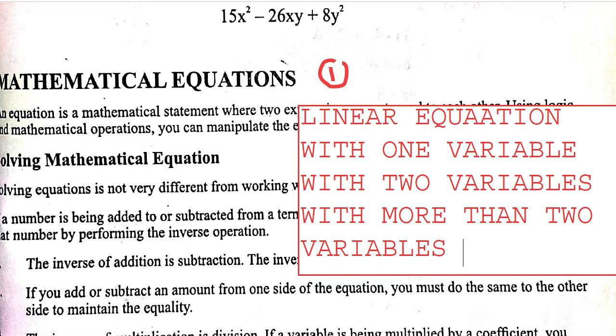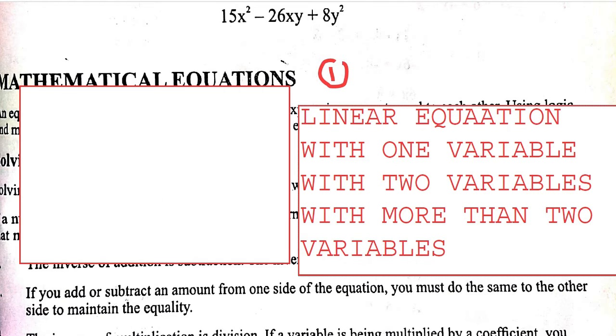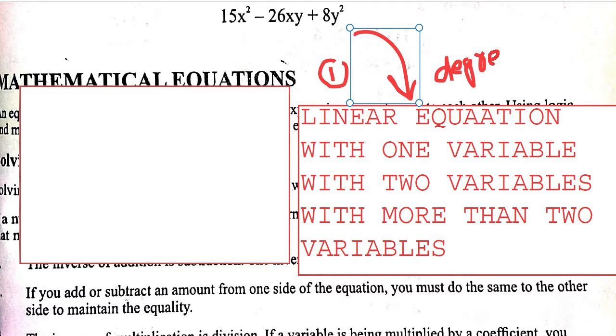This type of equation is called linear because the degree of this equation is linear. What is the meaning of linear? The degree of this equation will be equal to 1.